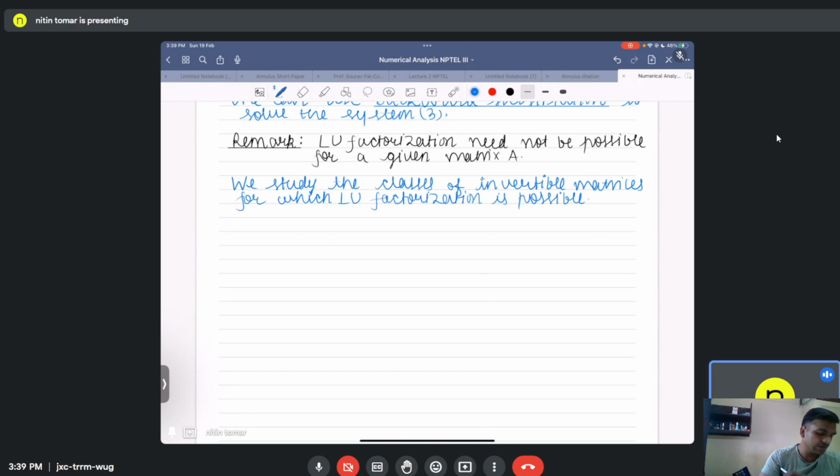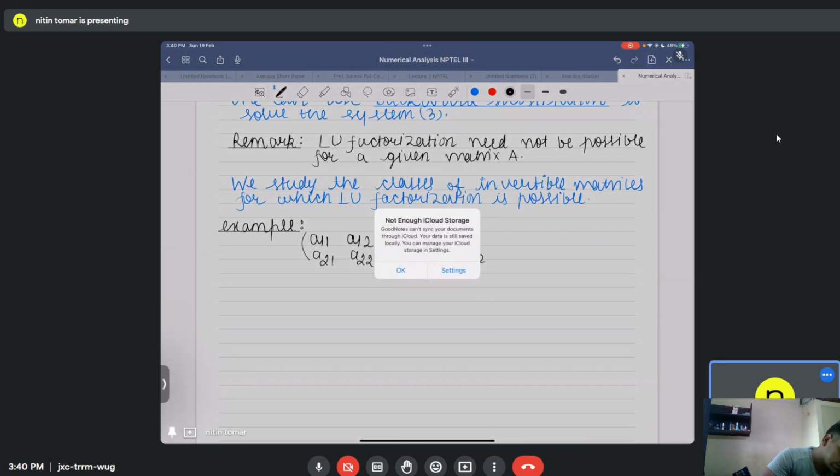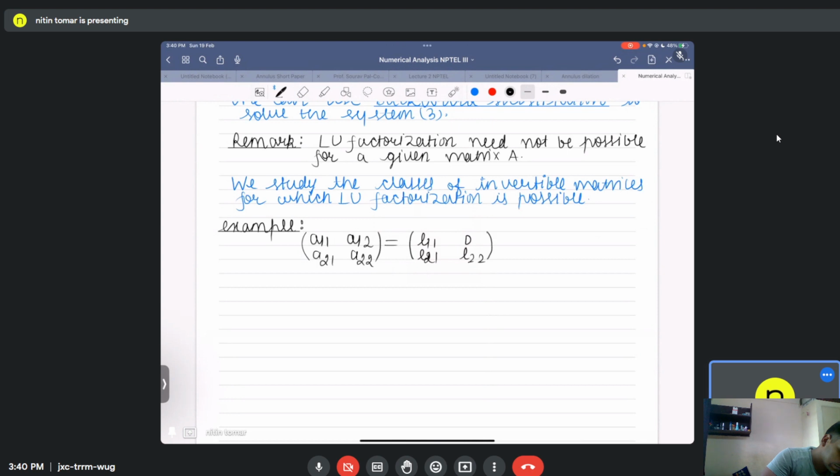So let us first construct an example. Even I don't have any example right now in my head. Let's say 2 cross 2, with entries A11, A12, A21, A22. Let us say LU factorization is possible in this case. Then what do you have? L11, 0, L21, L22, correct?